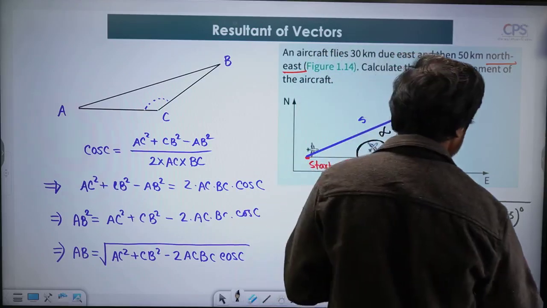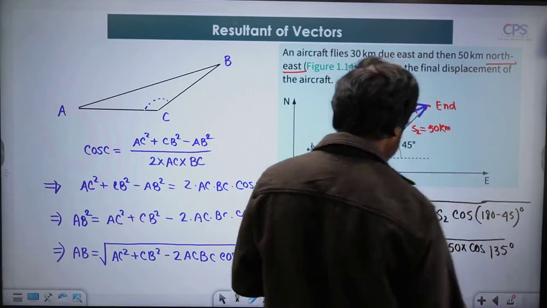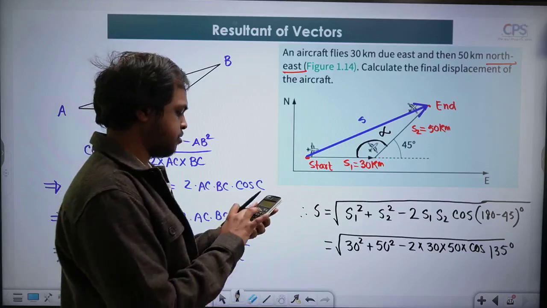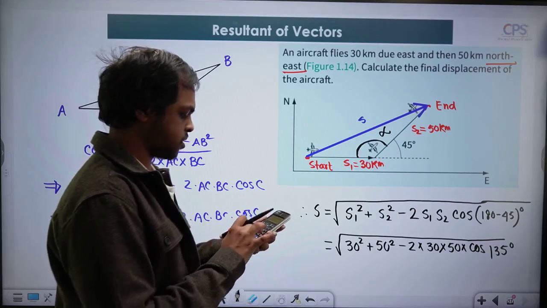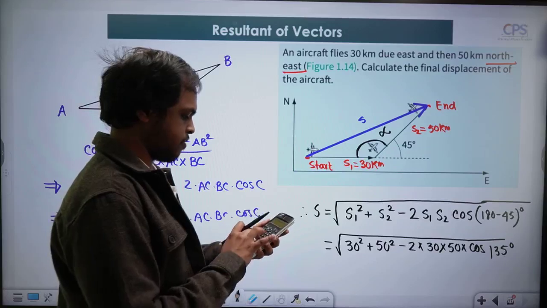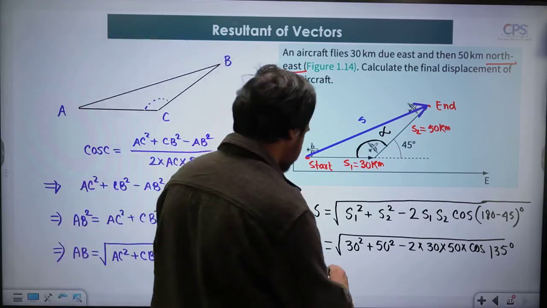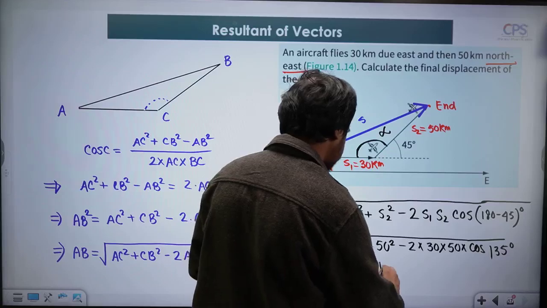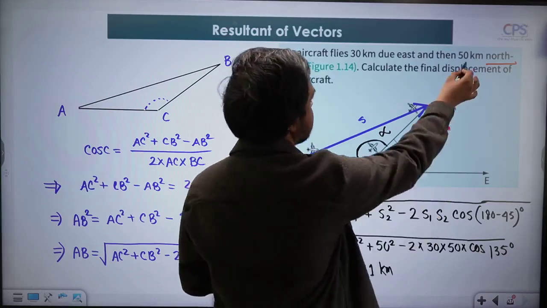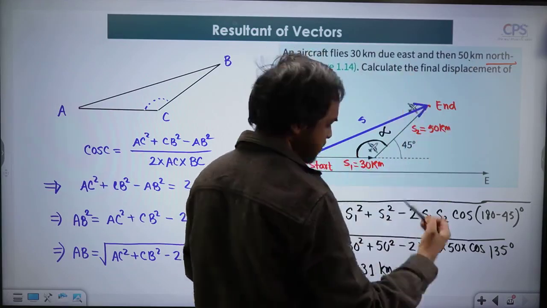This is 135. Give it to a calculator and let it do the rest. 2 times 30 times 50 cos 135 gives 74.31. This is kilometer, because everything is kilometer. See, this is kilometer, so it will be kilometer as well.